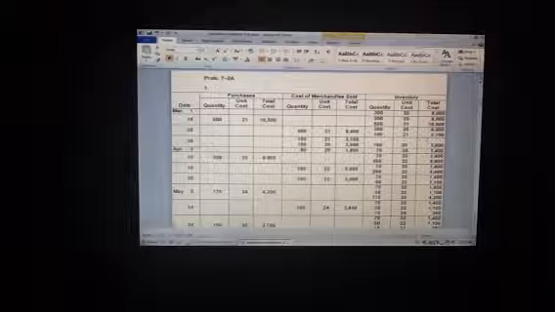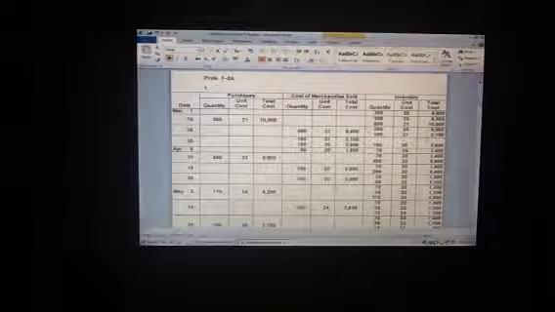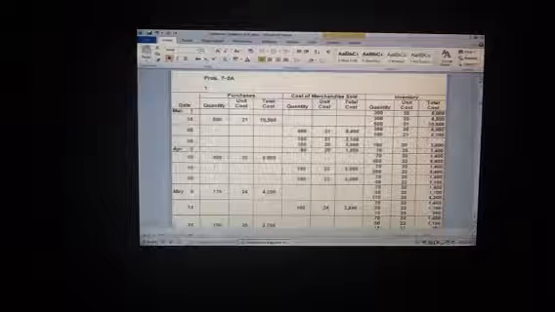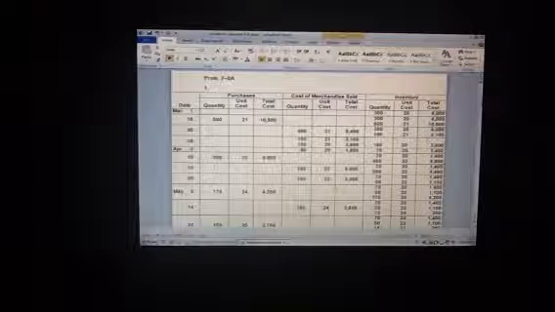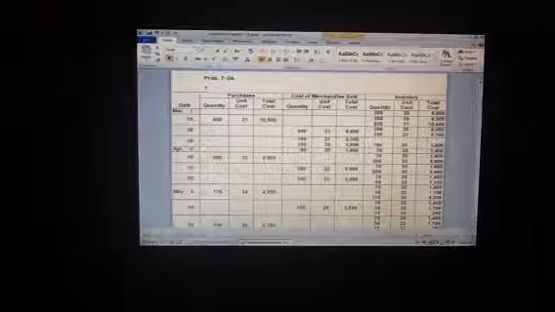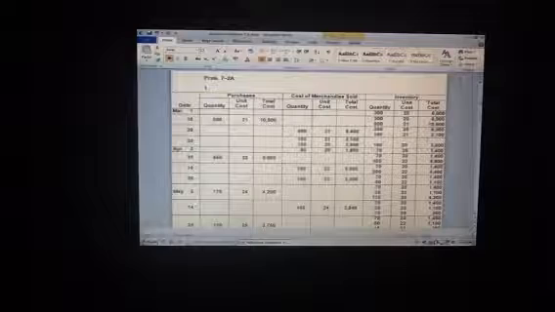So the 400 would have to either come out of the 300 at $20 or the 500 at $21. Under LIFO, the last one's in, or the last purchase that you made, is the first assumed sold. So we're going to sell the 400 out of the 500 that cost $21. Your balance now, you've still got the 300, and then out of the 500 you have 100 left at $21.